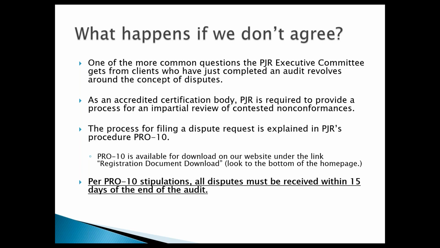This is provided in an official procedure, PJR Procedure PRO 10. If you go to the bottom of the homepage on pjr.com, look for something called Registration Document Download. You will find the PRO 10 among the items that can be downloaded.